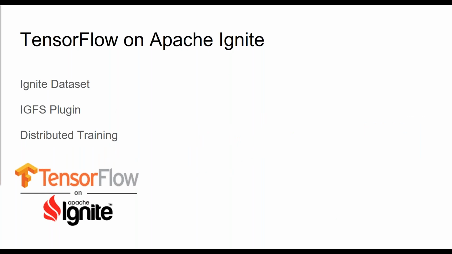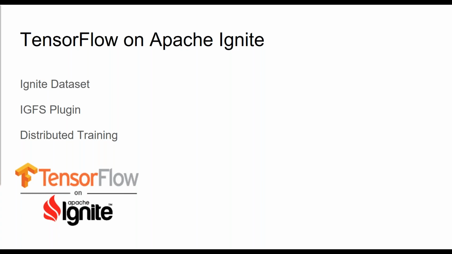The IGFS plugin, we talked about the IGFS plugin, right? It allows you to use the Apache Ignite file system for checkpointing and communication with TensorBoard, but maybe in the future we will drop IGFS support and use our internal file system for IgniteML to store this data for checkpointing.